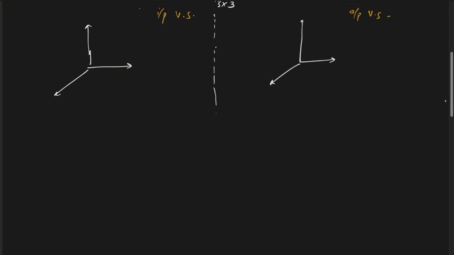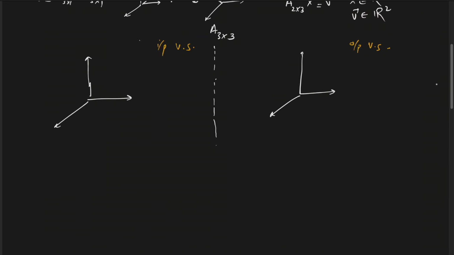Okay, so if it is a generic matrix, instead of a 3 by 3, let us suppose it's an m by n matrix. Then your row space belongs to Rn, because this is your input vector space from where your vectors are coming, which you need to map, right?